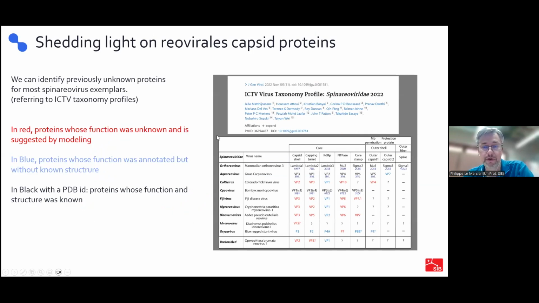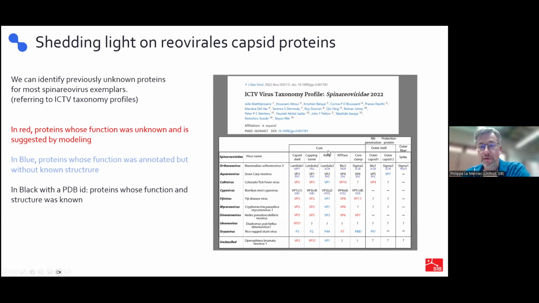We did that for all the Reovirales, actually. And this is an example in Spinareoviridae. So you see, I use a most recent publication by ICTV, and I'm working with these 2 experts to compare what is known and what is discovered by modeling.